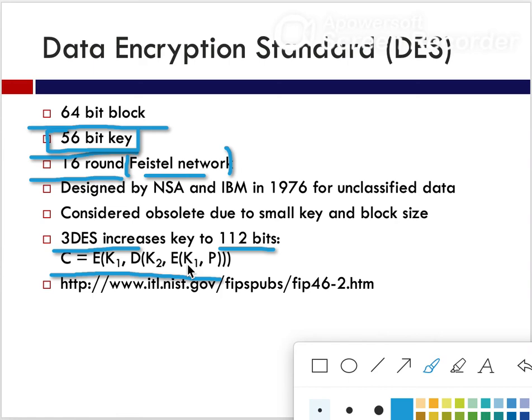First, the plain text is encrypted with k1. Then the second time we apply DES, the output is decrypted using key k2, another key. And the third time we apply DES, the output of the second step is encrypted again with key k1, and you get the ciphertext. So this is called Triple DES.